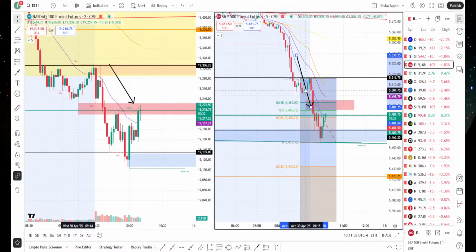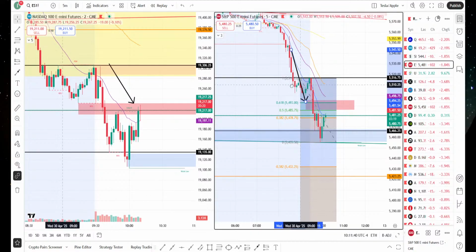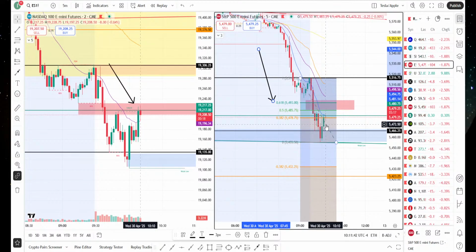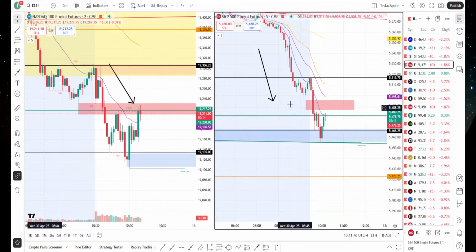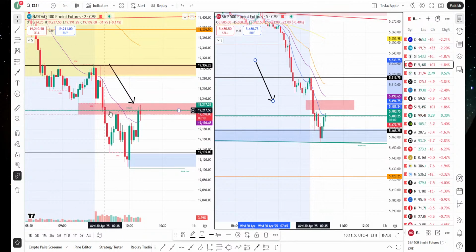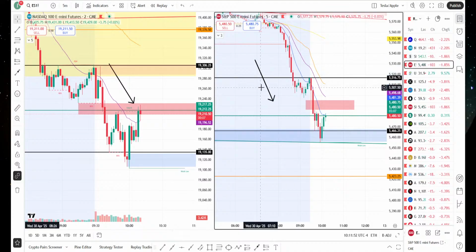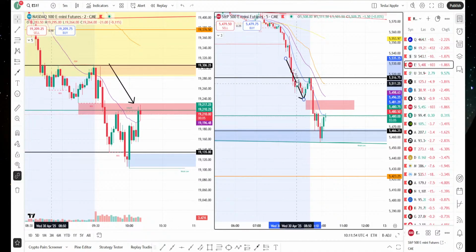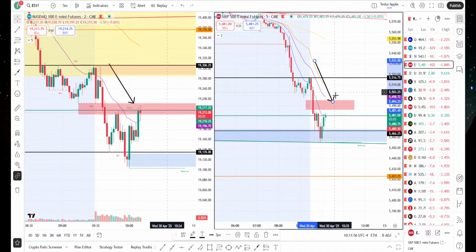It's right where the fair value gap is. Because we haven't entered there, there's a high possibility. We did do it on the NQ, but the ES hasn't done it. ES has a slightly different personality.